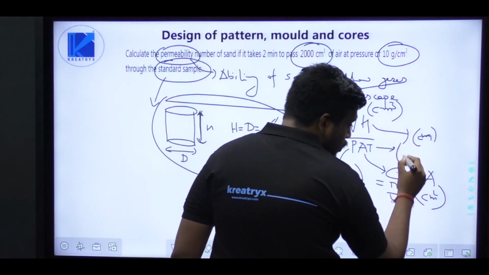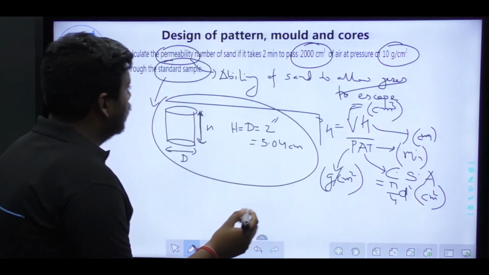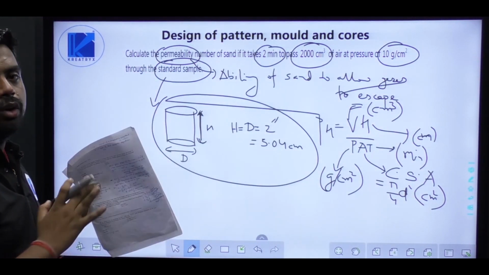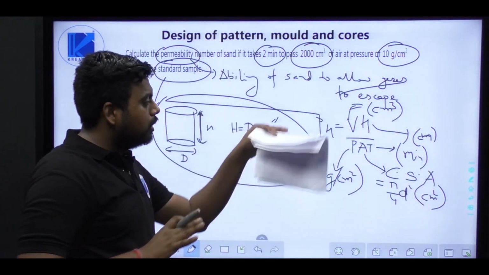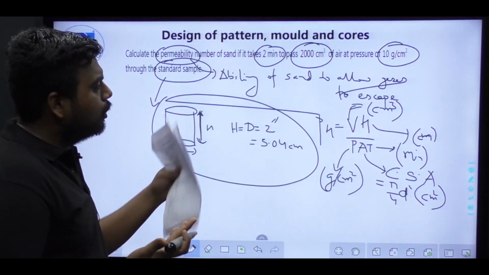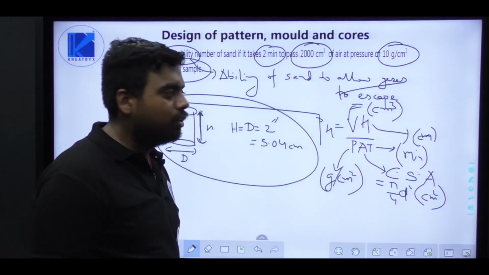It should be in minutes, and in this question they have again given it in minutes. So you need not convert any data, since they have already given all the data in the required format. But if the units are different, you have to convert it first and then put the value here.